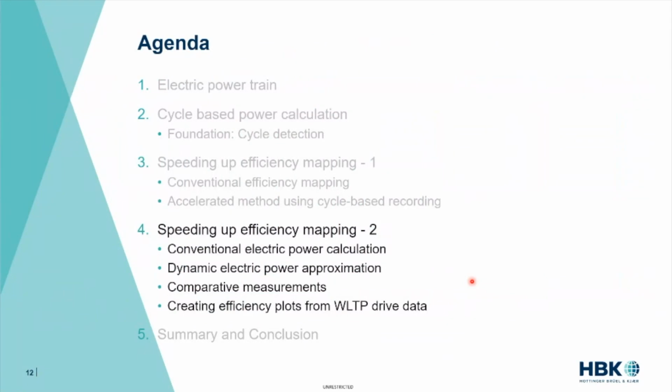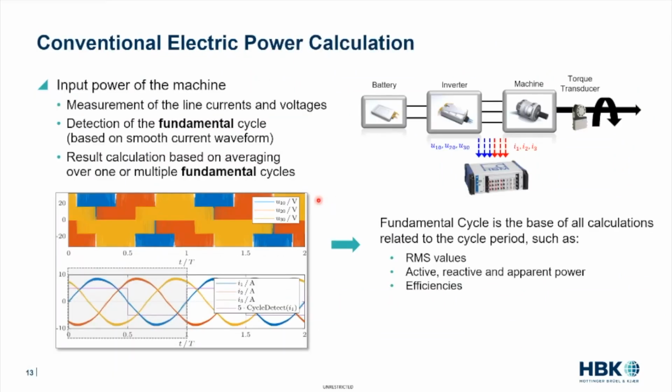Second example. In a conventional electric power calculation, you measure the line currents and the voltages at the input of the machine. You detect the fundamental cycle, so the rotational frequency, and then you do all your calculation based on an averaging over one or multiple fundamental cycles.